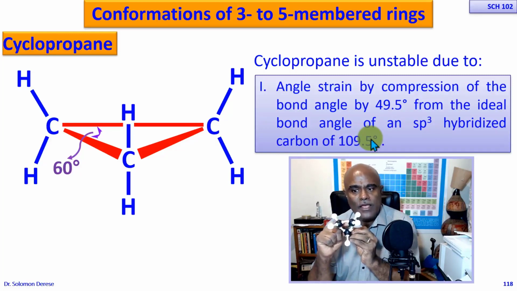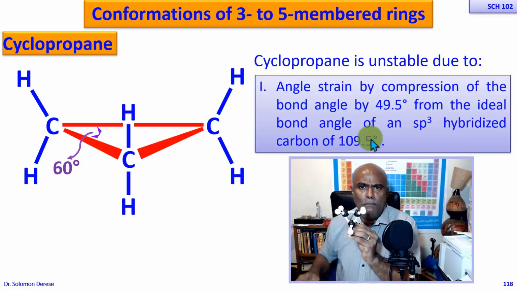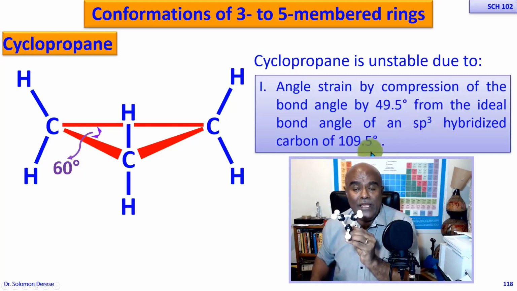There is no way the bond angle of cyclopropane is going to be different from 60 degrees. It is off by 49.5 degrees from the ideal 109.5 degrees. It is very compressed.